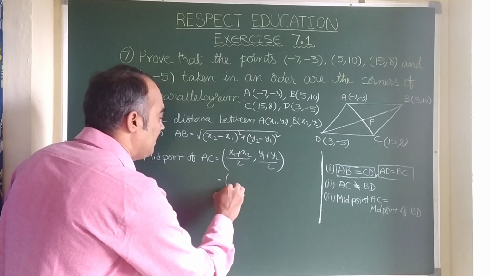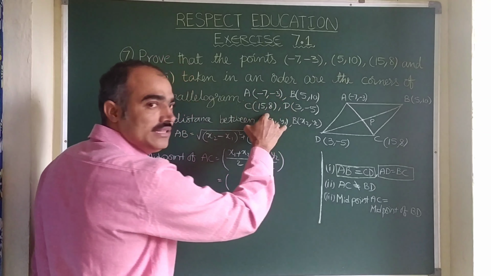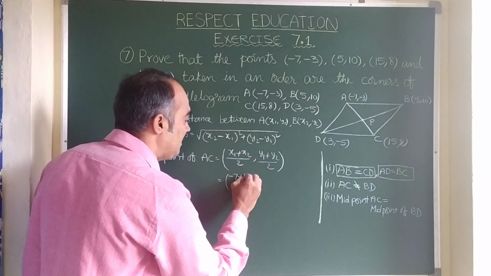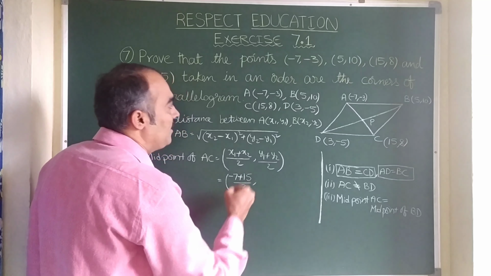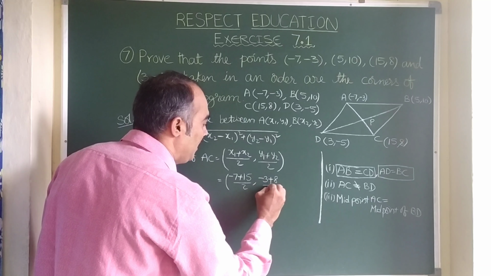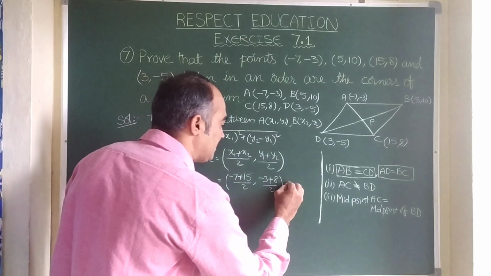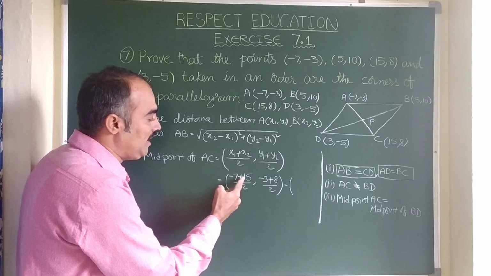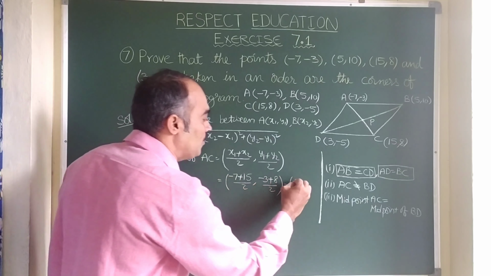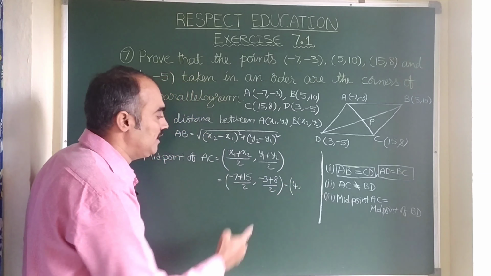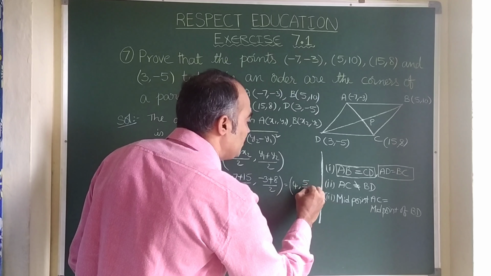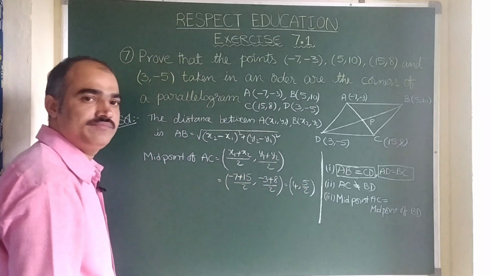So for A and C, x1 is minus 7 plus x2 is 15 by 2, y1 is minus 3 plus y2 is 8 by 2. On simplification, 15 minus 7 is 8, 8 by 2 is 4, right? 8 minus 3 is 5, this is 5 by 2. So this is the midpoint of AC.